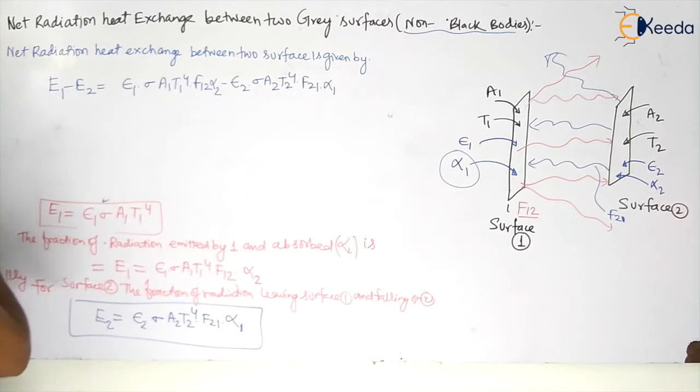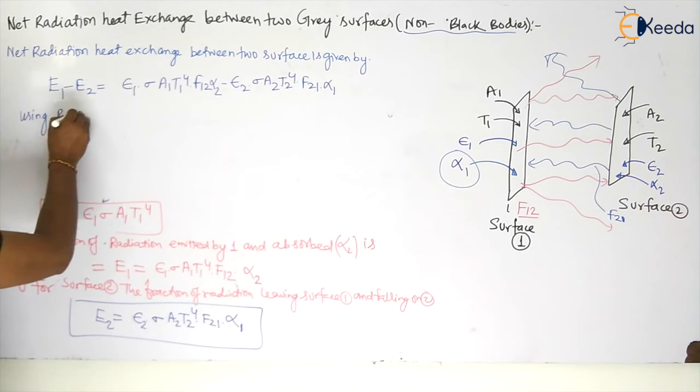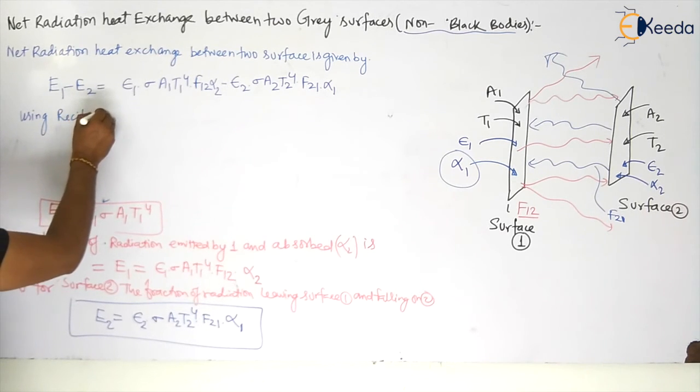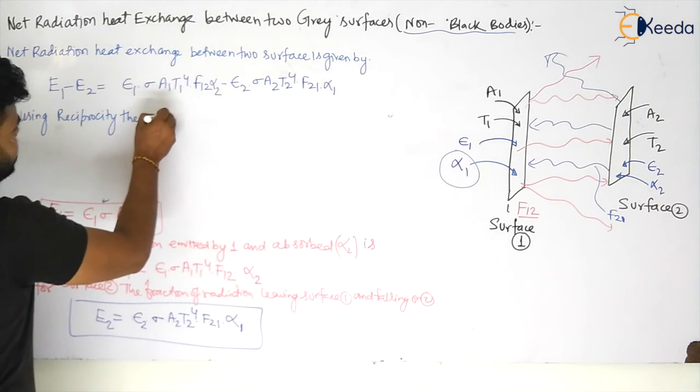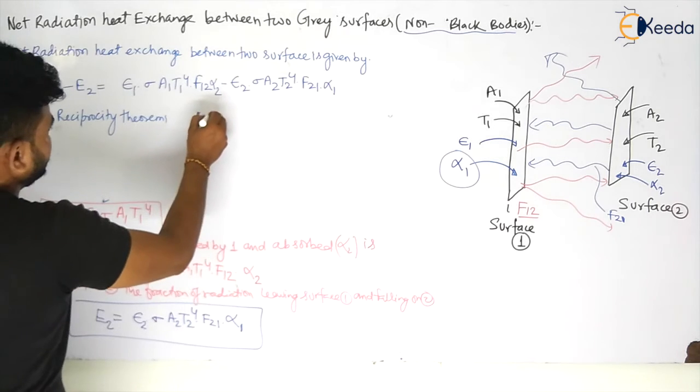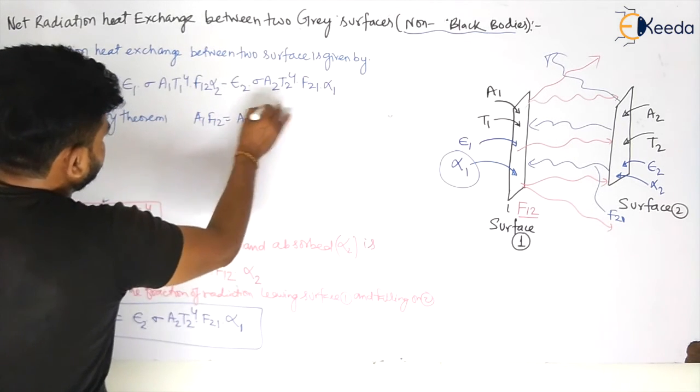Using the reciprocity theorem, we know that A1 F12 will be equal to A2 F21, my dear students.